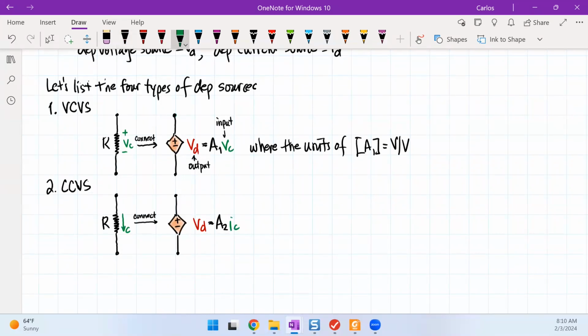If I look at the units, they tell us that this gain must be in volts per amp. So it's a different gain.